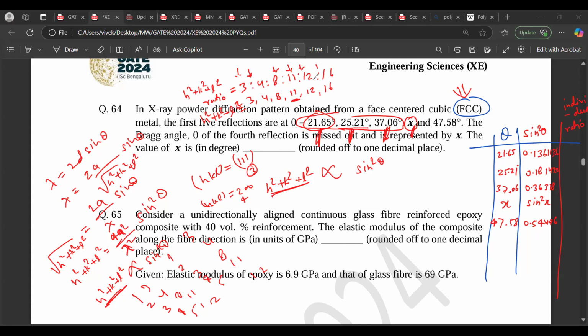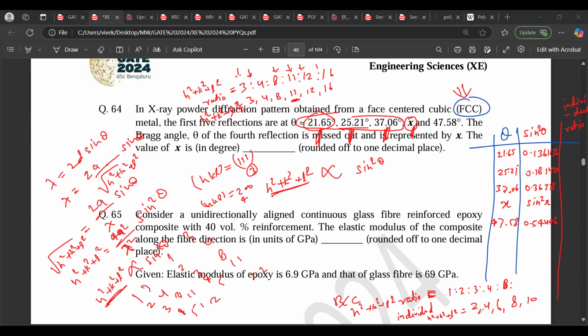For example, in BCC, what is the h square plus k square plus l square ratio? Ratio means proportionally they will increase or decrease. The ratio is 1 is to 2 is to 3 is to 4 is to 8, something like that. But the individual number for each peak, the individual h square plus k square plus l square, is 2, 4, 6, 8, 10.